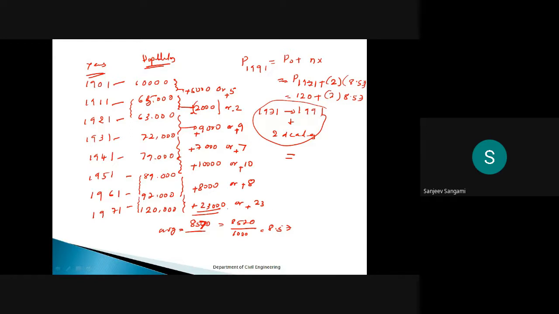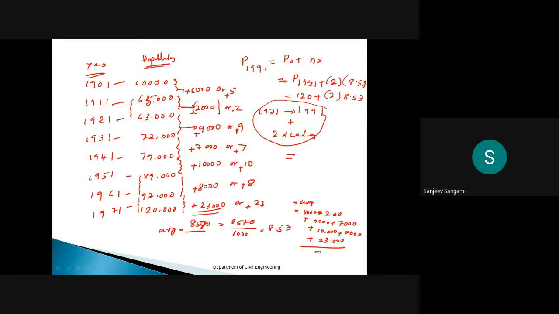When you are taking the average, make sure that we have 5,000 plus, minus 2,000, this will be minus, very important, again plus 9,000 plus 7,000 plus 10,000 plus 8,000 plus 23,000, divided by how many are there? 1, 2, 3, 4, 5, 6, 7.